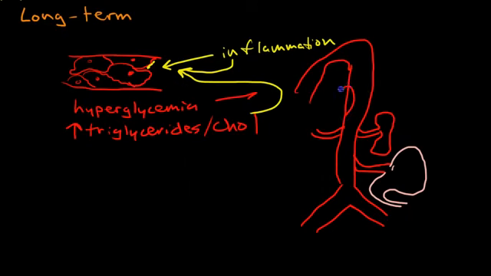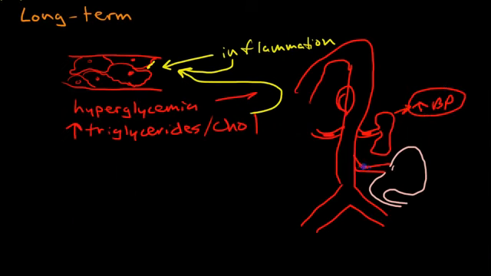It can cause aortic aneurysms to form. It can cause atheromas to form in the renal arteries, causing renal artery stenosis, which can increase blood pressure. It's a secondary cause of hypertension.